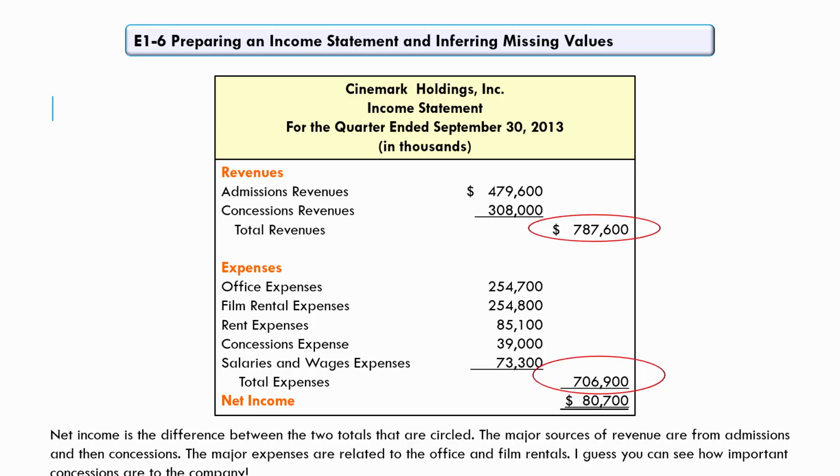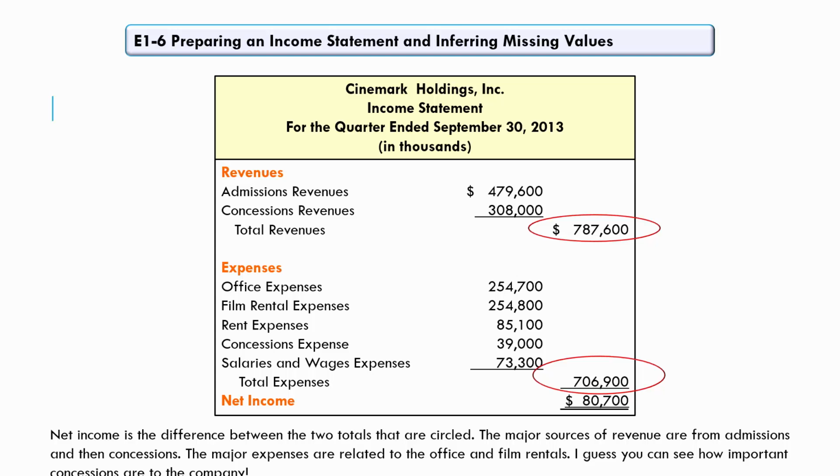When we look at this in greater detail, we can see that concessions are very profitable, because revenues from concessions are $308 million. Concession expenses, which are the necessary payments that go out for having concessions, are only $39 million.